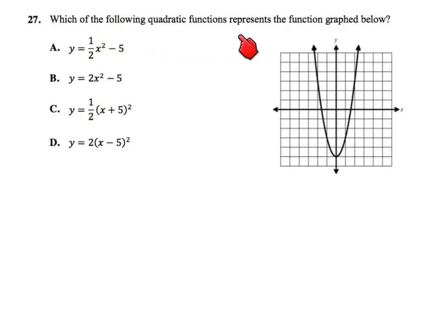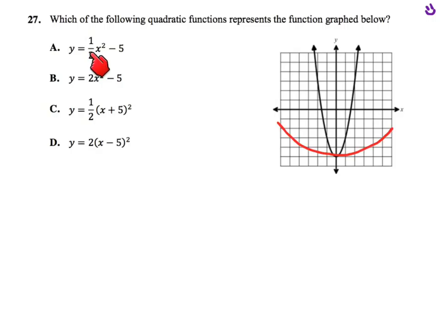Number 27. Which of the following quadratic functions represent the function graph below? So first thing I looked at is my A value, my changing rate of change, or my concavity. So let's see.